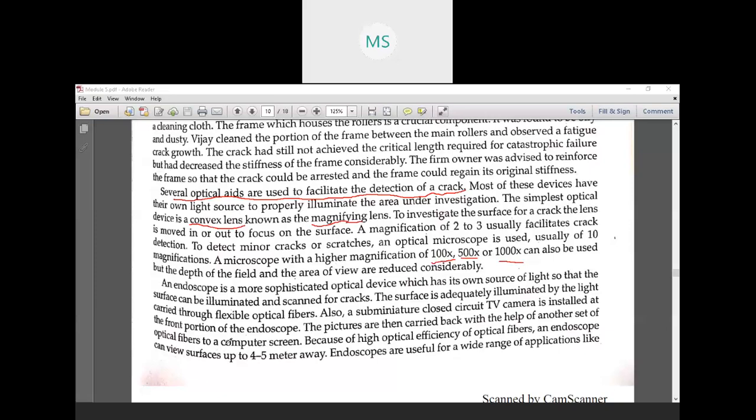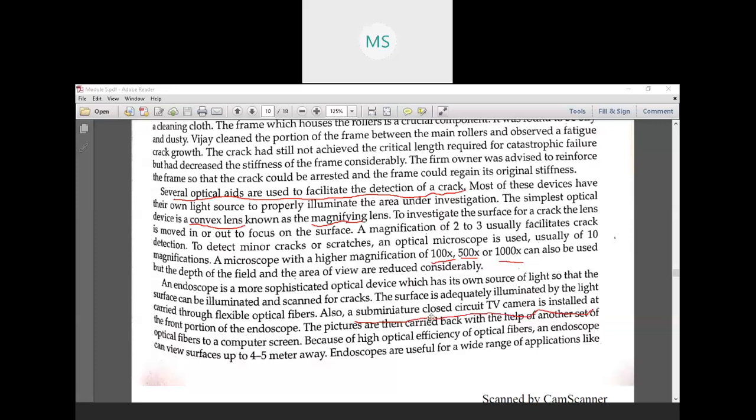Okay, so what we will do, the endoscope will just focus the light on that particular place, and in the modern system, it is having a sub miniature closed circuit camera also installed with that, so that whatever we are watching through the lens, through the magnifying glasses using the endoscope, it will also capture and it will also record for the future purpose.